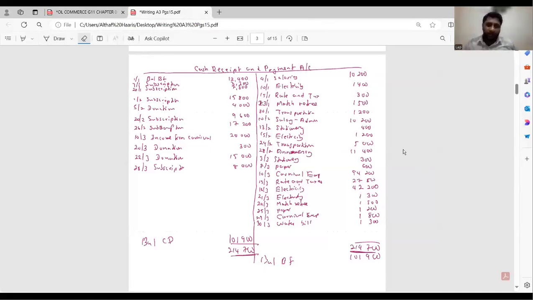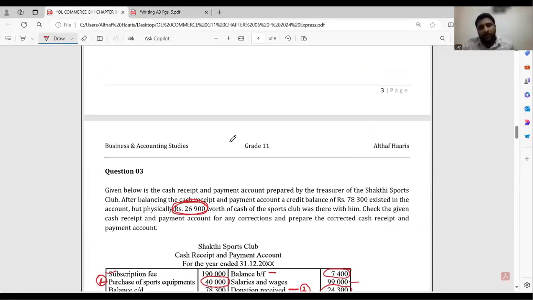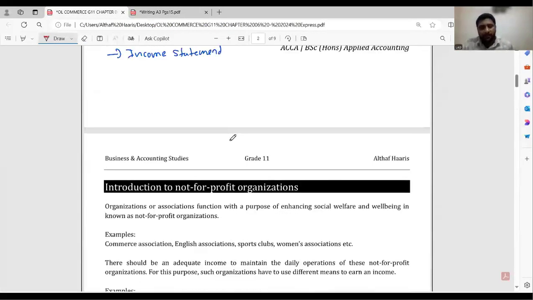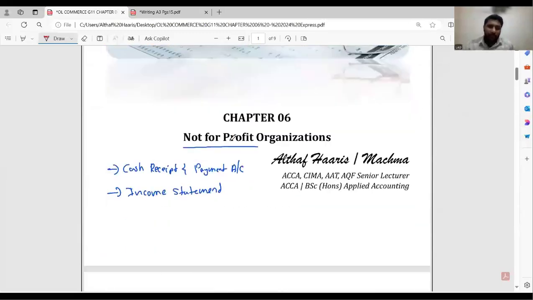So people, as I told you, from the not-for-profit organization chapter, there are two parts. We are done with the first one, the cash receipt and payment account.